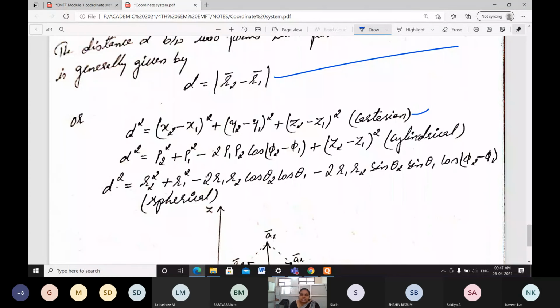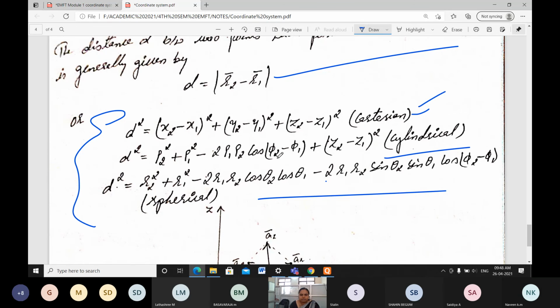In cylindrical, you have to remember d square is equal to rho 2 square plus rho 1 square minus 2 rho 1 rho 2 cos of phi 2 minus phi 1 plus z2 minus z1 square. Then in spherical, d square is r2 square plus r1 square minus 2 r1 r2 cos theta 2 cos theta 1 minus 2 r1 r2 sin theta 2 sin theta 1 cos of phi 2 minus phi 1. These equations you have to remember when solving problems. They will help us.